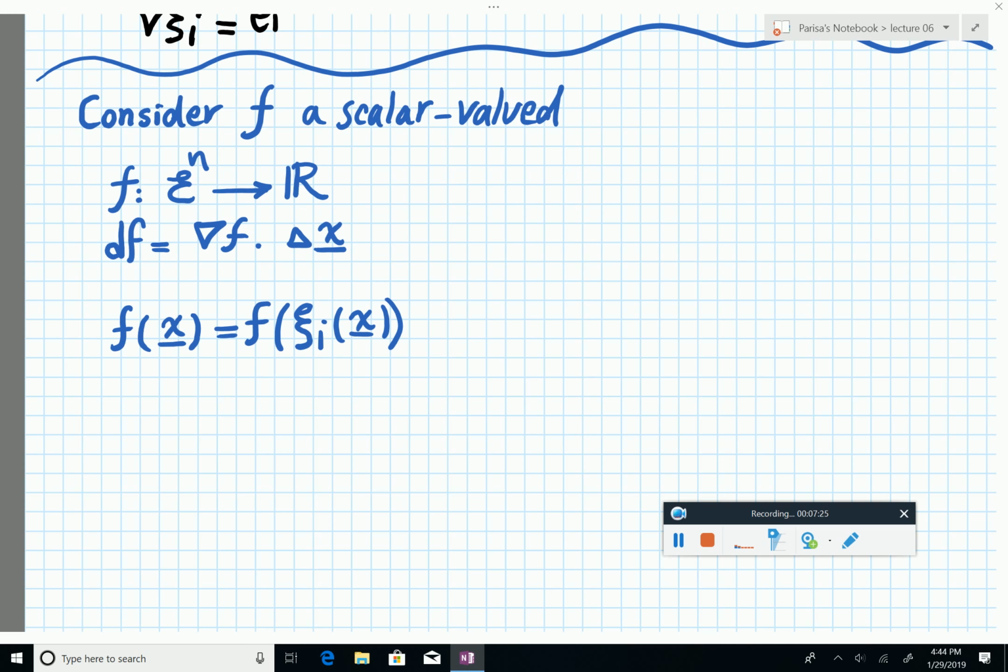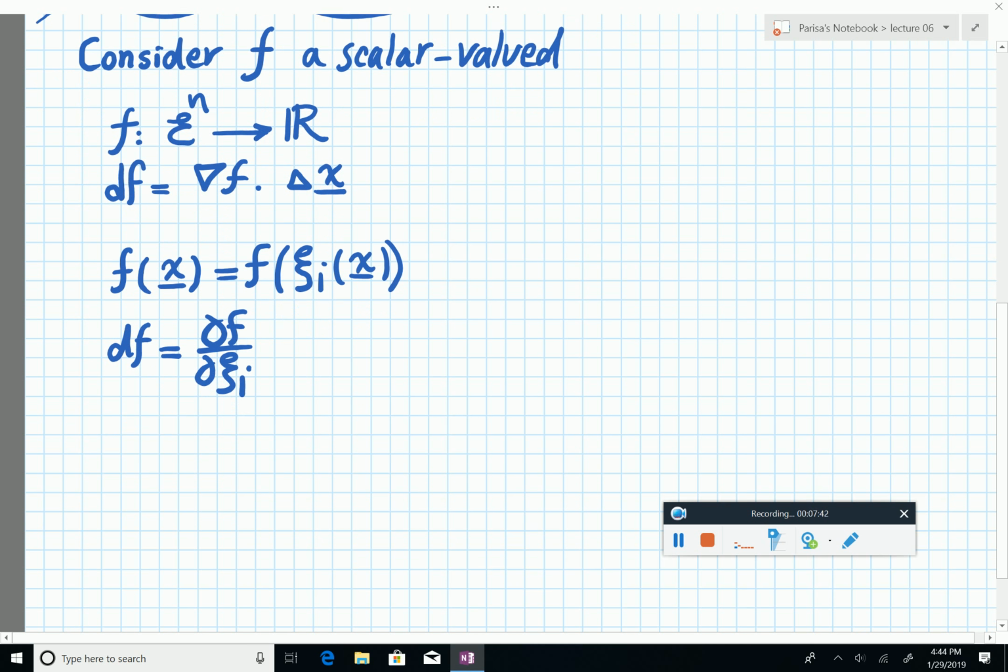And now it's very easy to calculate the differential, right? We know how to do it using the chain rule. So we say, okay, if I calculate the partial derivative with respect to psi i, then I can get a differential using that.